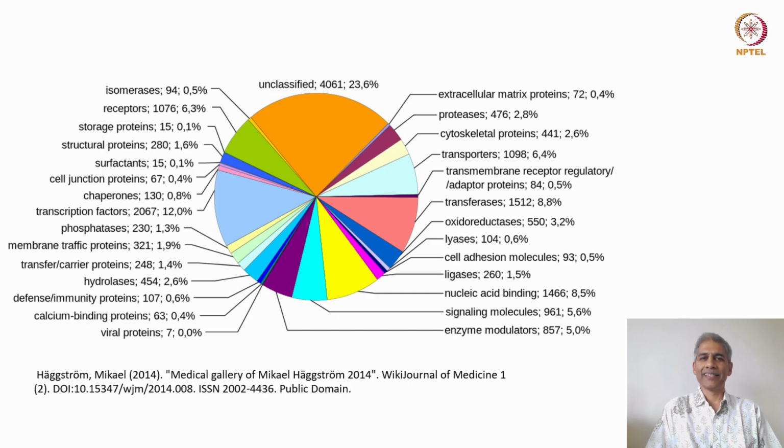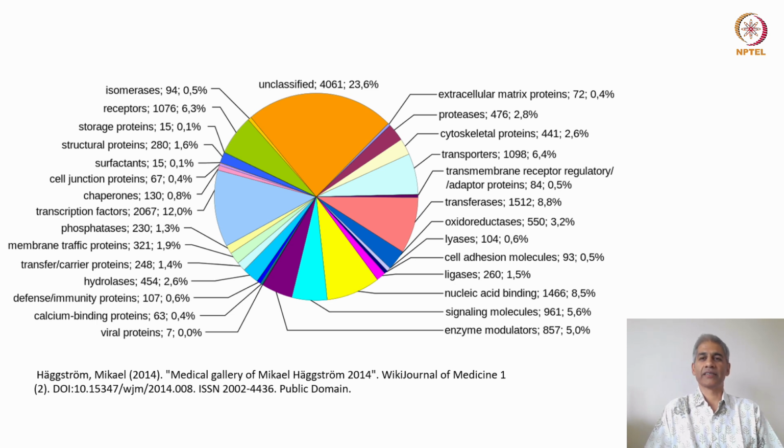The same point is made here in this pie chart. So for a human cell or human body, different classes of proteins have been shown, which have so far been identified. So if we look at the major category, over 4,000 proteins in our body are still unclassified, which are approximately 1/4 of all the known proteins within our body.